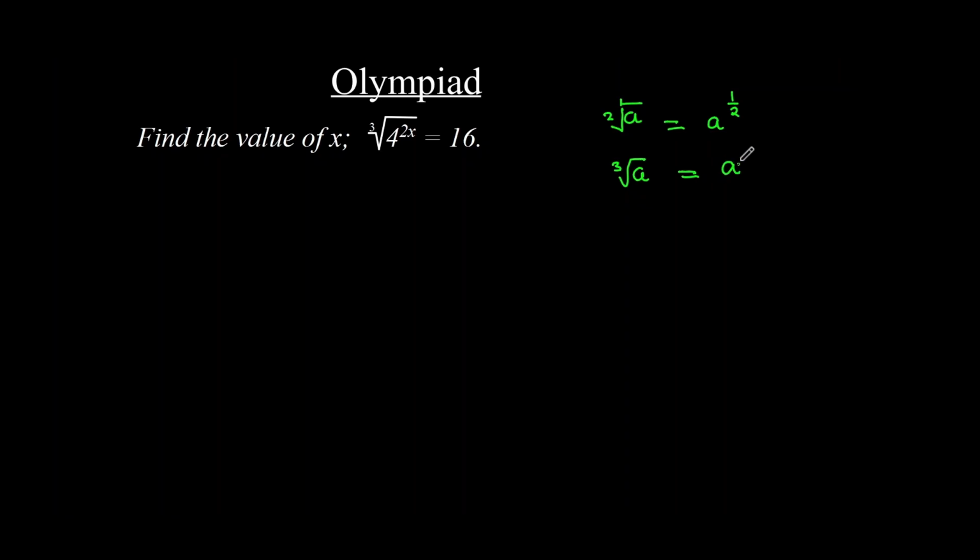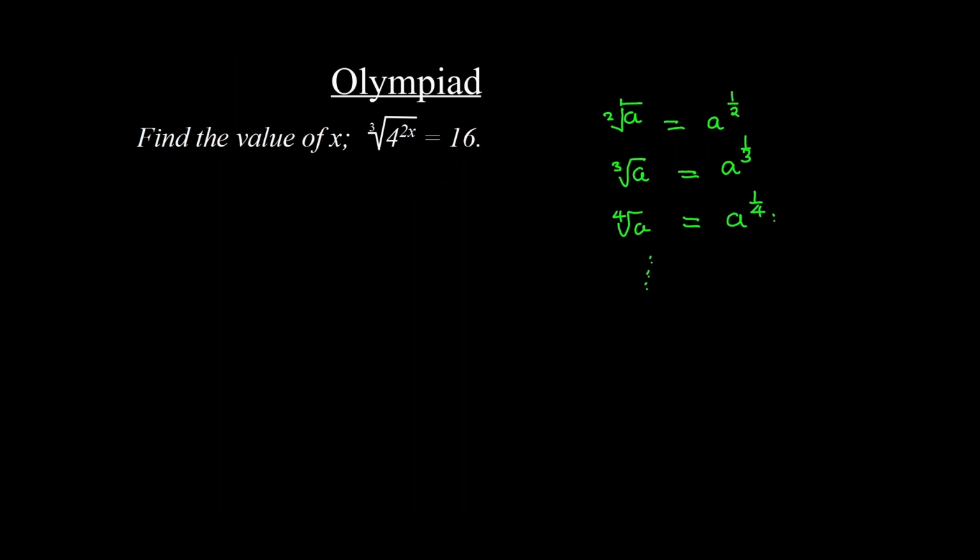Then we have a to the exponent of 1/3. If you have a fourth root, then this is the same as a to the 1/4, and so on. So once you master this, it becomes easy for us to solve this question.